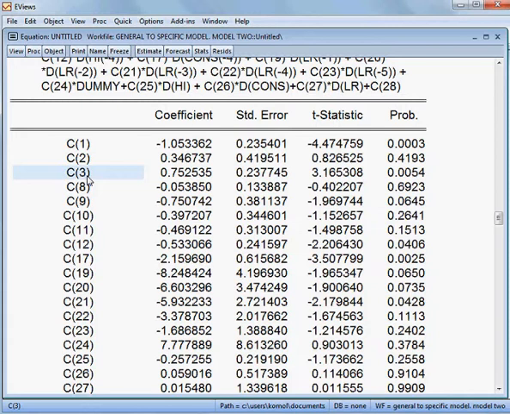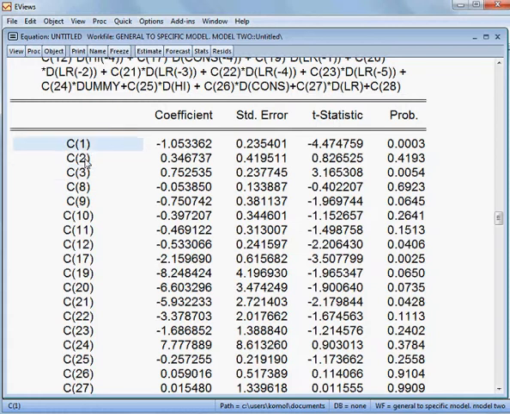But here only C1 is following the guideline, that the coefficient must be negative and the probability must be significant. So only one follows, the other two do not.